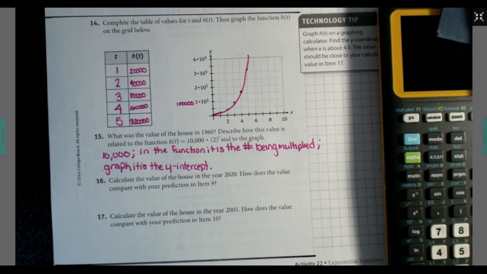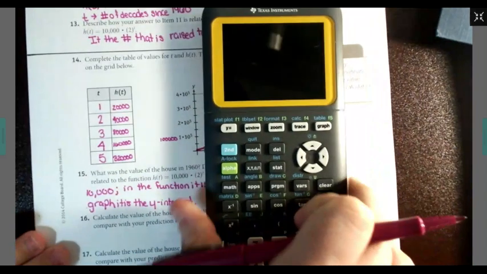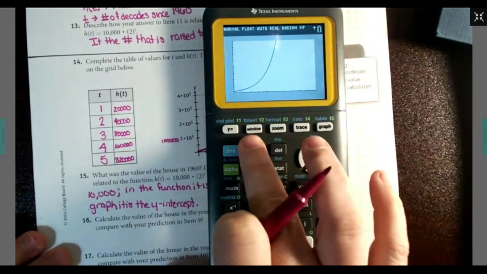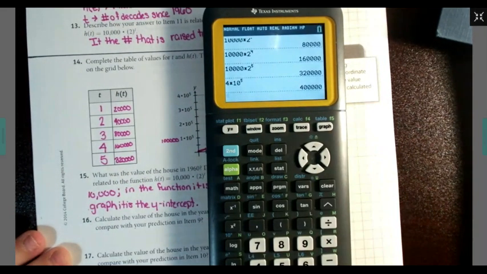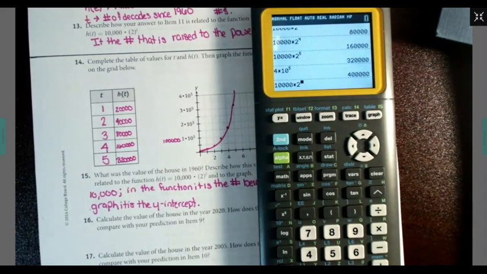16. Calculate the value of the house in 2020. And how does the value compare with your prediction in item 9? All right, so we're going to use that function. 10,000 times 2. And I want to know 2020.